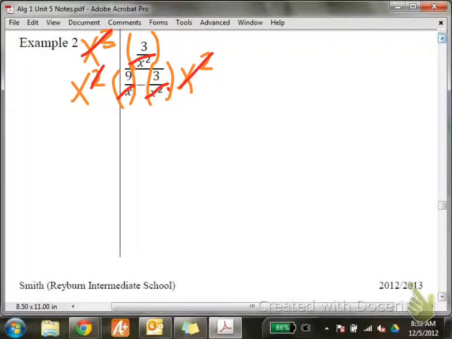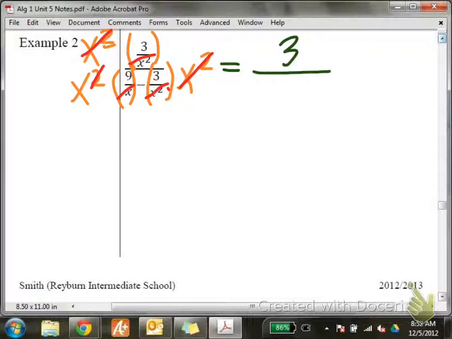So will you guys right now on your own please write out what we have left over? What do I have left in the numerator? Celia, what do I have left in the numerator? 3, just a 3. Do you guys agree? Yes. What is in my denominator?